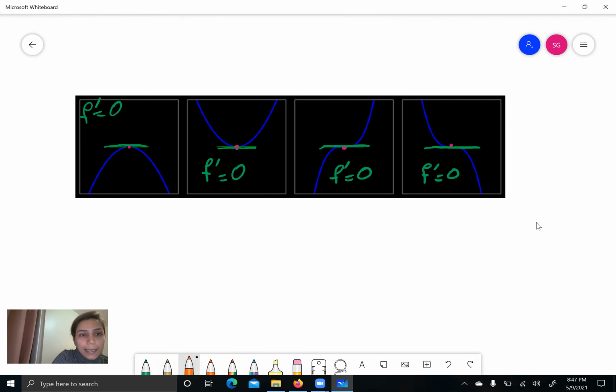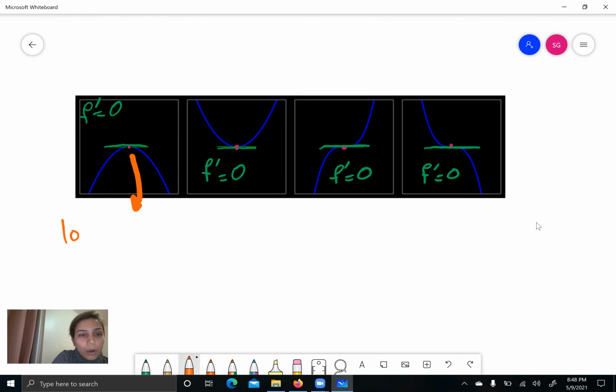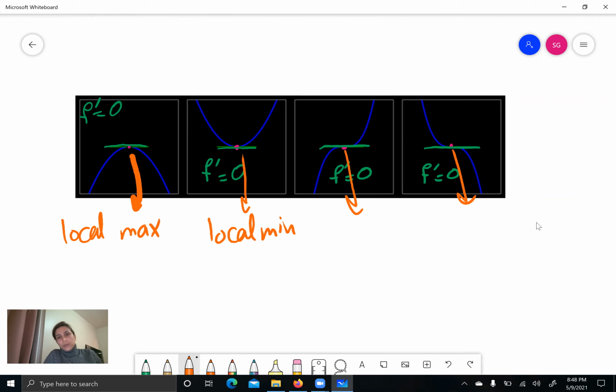For example, here we have a local max. Here we have a local min. And in these 2 points, it's neither max nor min. So you see, it is not enough to rely on the first derivative, because they all have a first derivative equal to 0 at these points, but they behave differently.